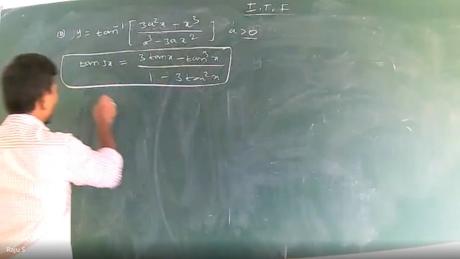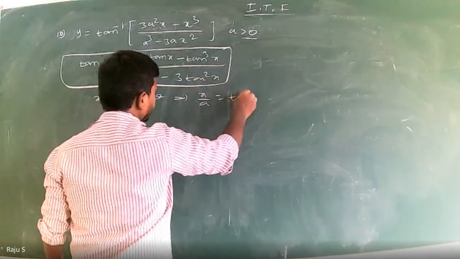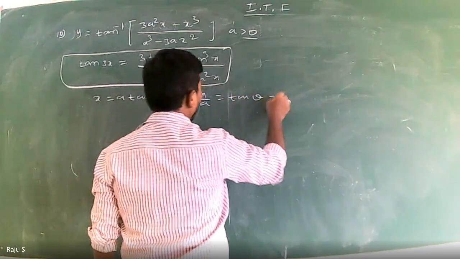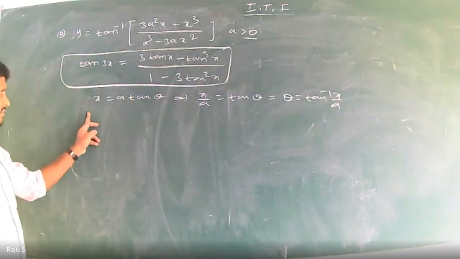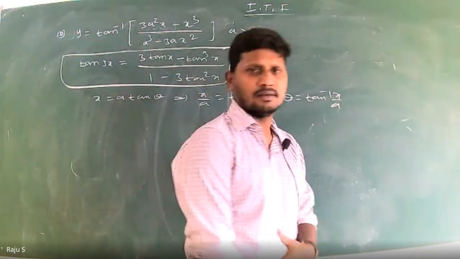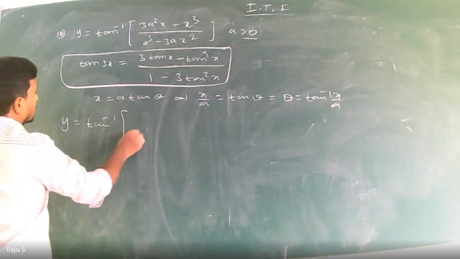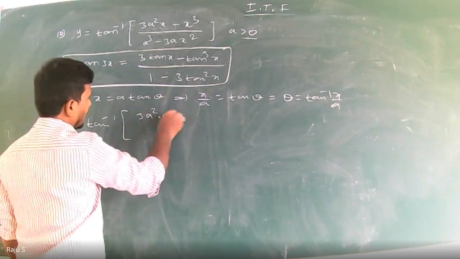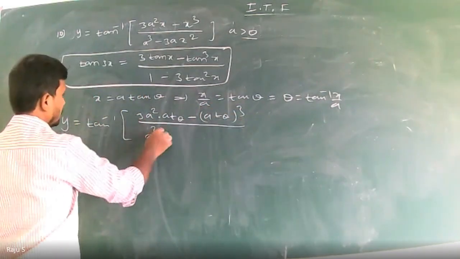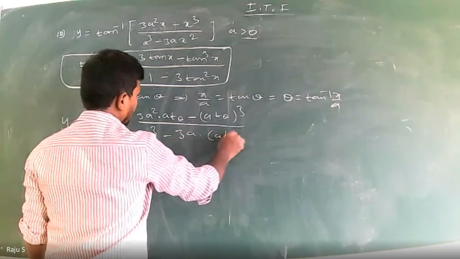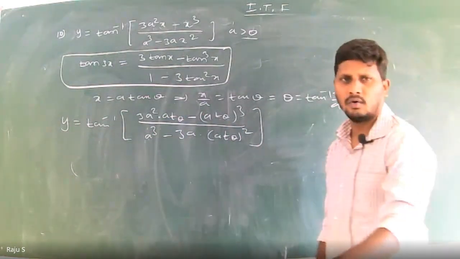So shall I take x is equal to A tan theta, which implies x by A is equal to tan theta, which implies theta is equal to tan inverse x by A. Now I want to substitute tan theta, so y is equal to tan inverse of 3a square times A tan theta minus A tan theta whole cube by A cube minus 3a times A tan theta whole square. Now can anyone tell what is the common factor in numerator and denominator?